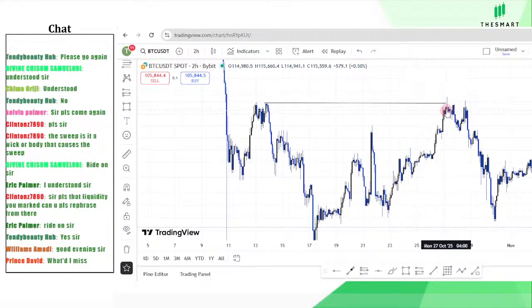You see, there is a candle wick above this level. And having this candle wick above this level, sincerely speaking, if we were to take this particular trade, a lot of times we'd likely have had a stop loss.